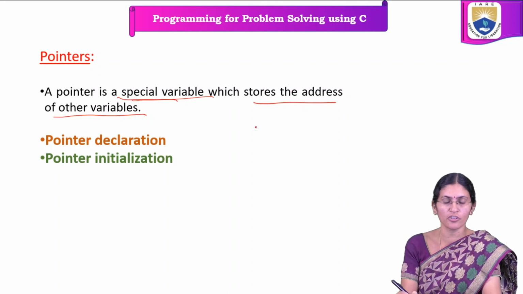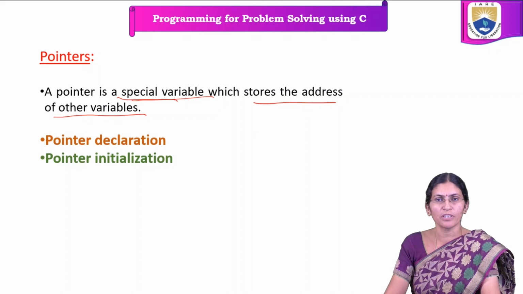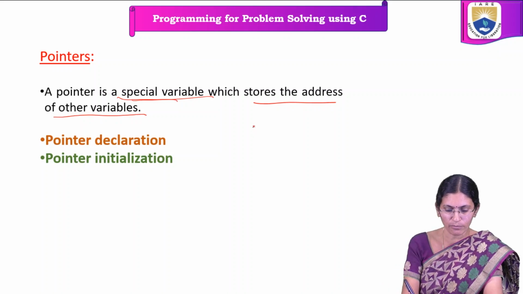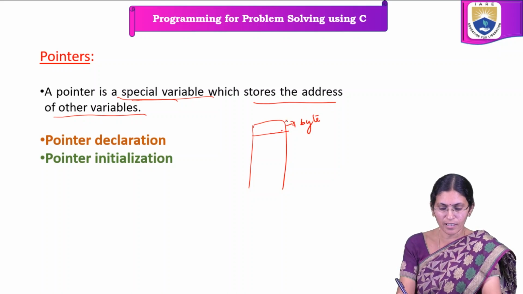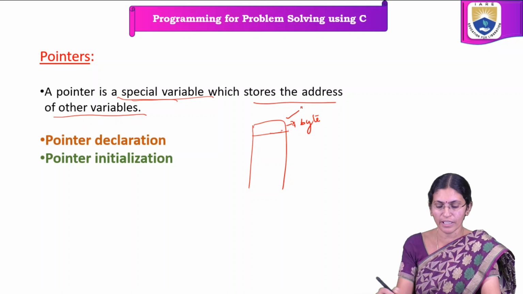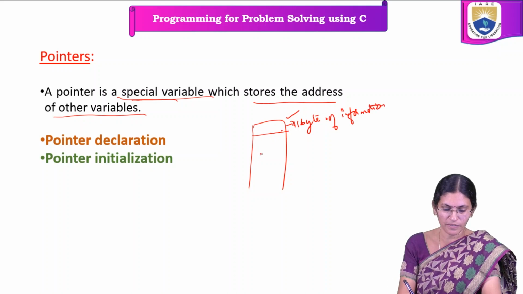Coming to the introduction of pointers, we store information in memory. In memory, there are blocks, and in each block 1 byte of information is stored. Suppose this is a memory representation.